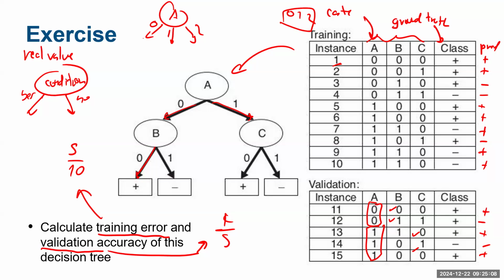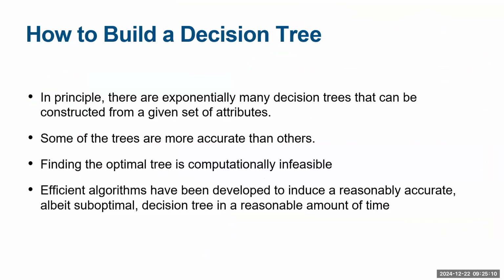Okay, so how do you evaluate a decision tree? There are exponentially many decision trees. Let's say your data has n attributes. How many ways can you pick your root node?